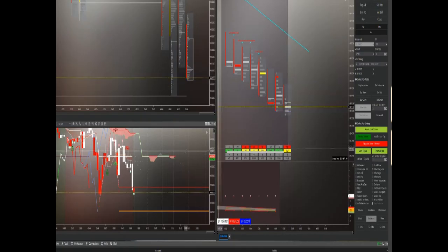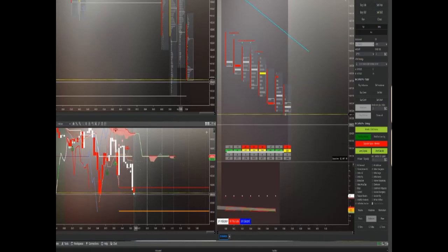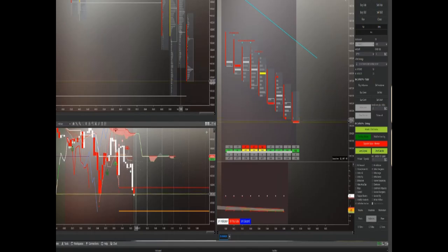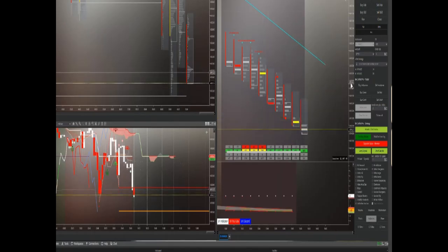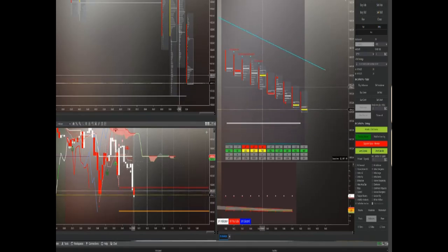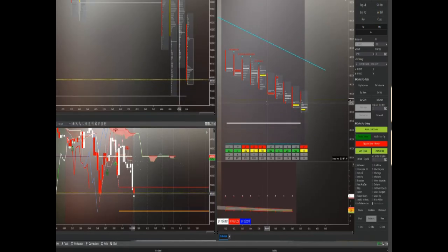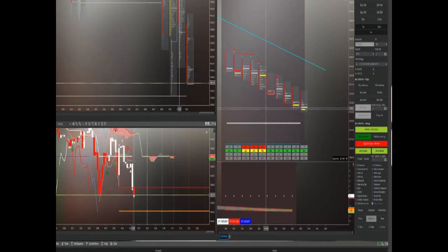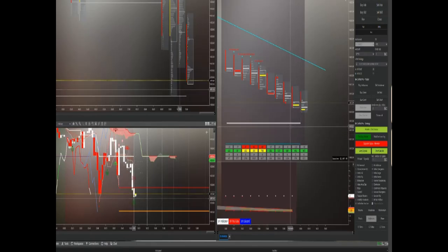Still leaning towards the bears here. And I've missed some opportunity in that. So be it.